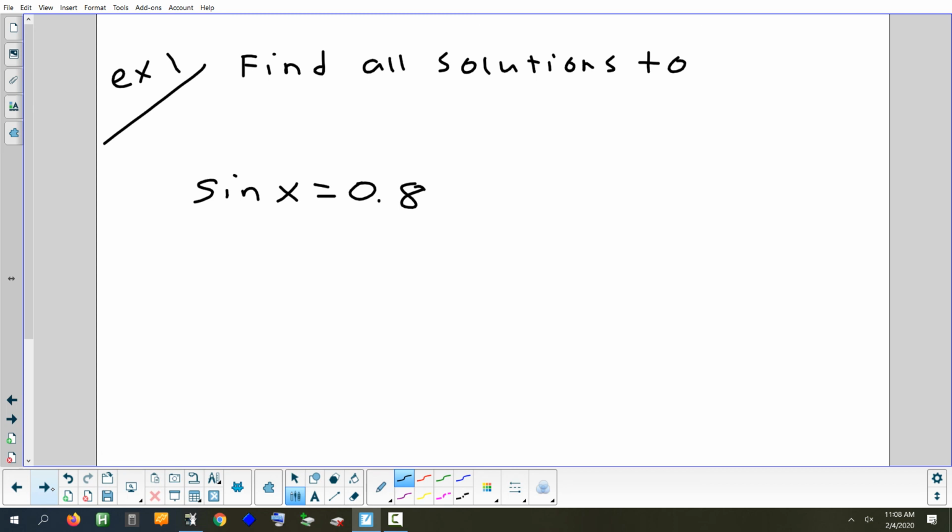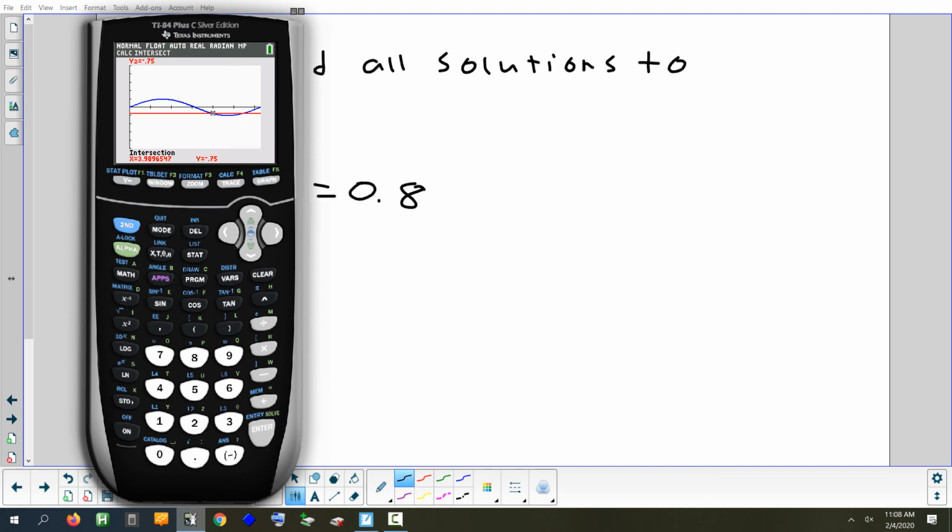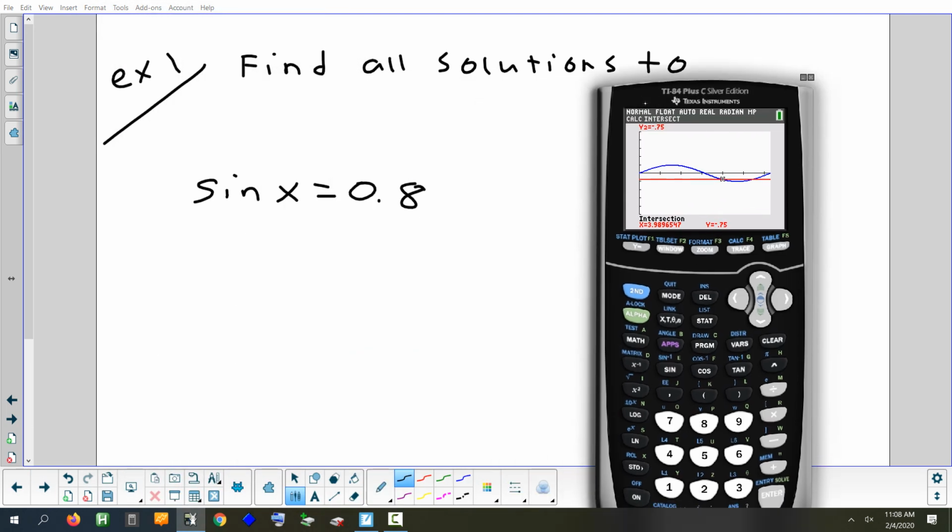Okay, so let's try this one. Just a review problem from yesterday. Can someone remind me how we would solve something like that on the calculator? Chris? I have y1 be sine x. Yep, which actually I already have from a homework problem.